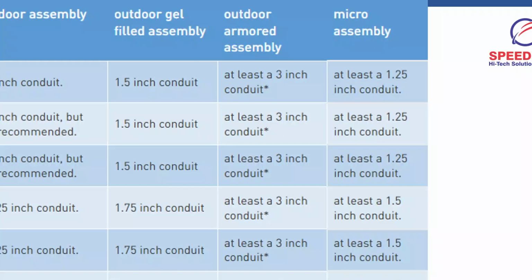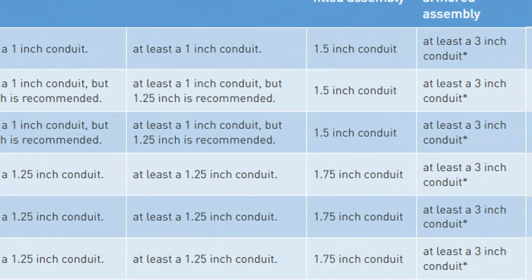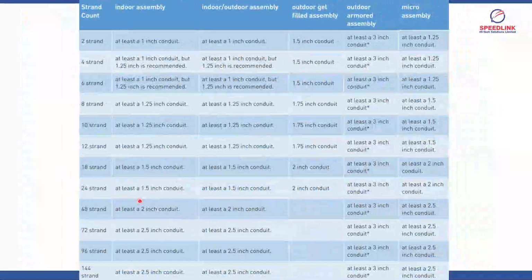At least 1.25 inch. It's just a table showing us some kind of numbers that we could use, up to 144 strand, 144 core cable. So 144 core cable inside the building, use how many? 2.5 inch conduit, and so on.